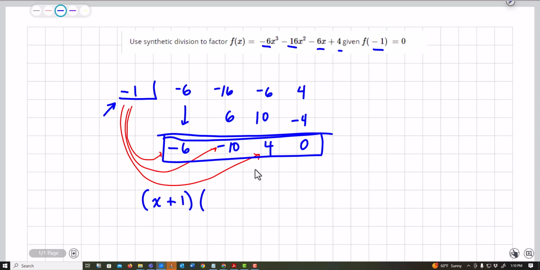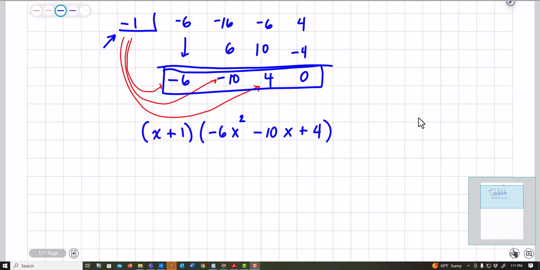And then we use these coefficients, -6, -10, and 4. And we start with the highest degree, 1 less. So meaning this is going to be squared, this is going to be x, and then this of course will not have a variable. So you always start with 1 degree less.